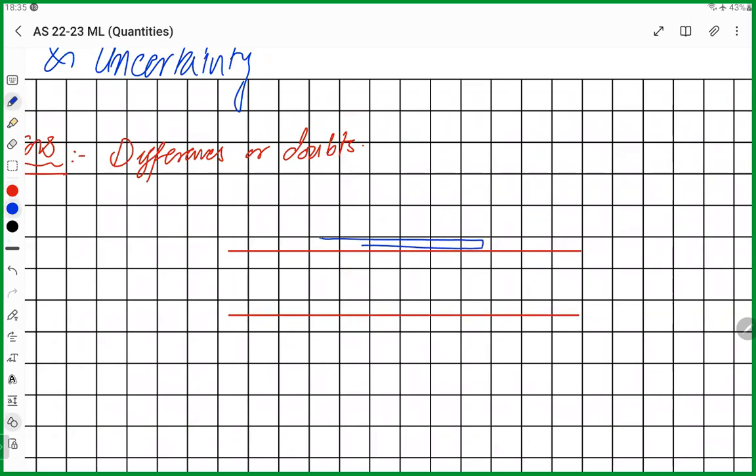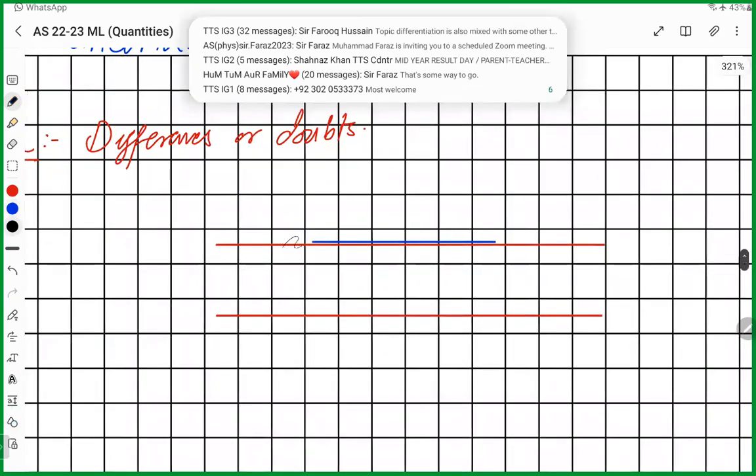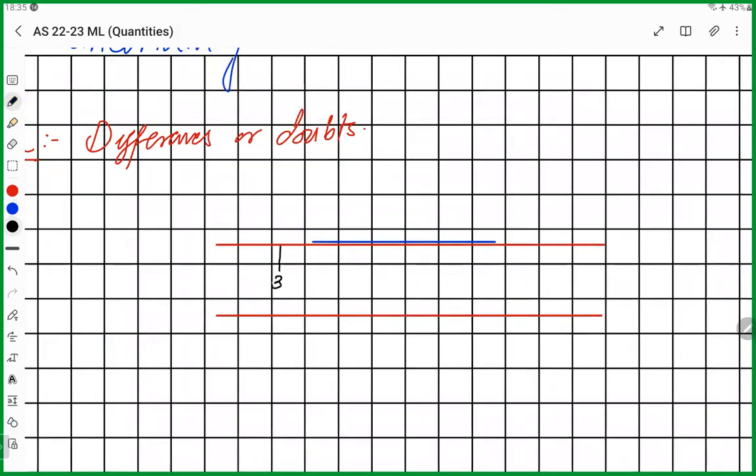Let's say this is an object you're trying to measure. For example, this is 3 centimeter, 1, 2, 3, 4, 5, 1, 2, 3, 4, and this is 4 centimeter, 1, 2. This is 5 centimeter.